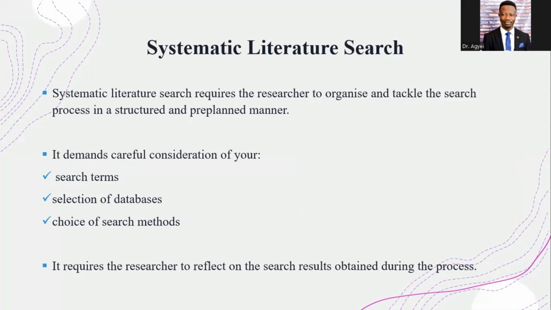And for you to do that, you need to understand basic things like search terms. What are the terminologies you need to be able to get the materials you are looking for? And then the database where you need to get those materials from. We are lucky that nowadays most universities are online.